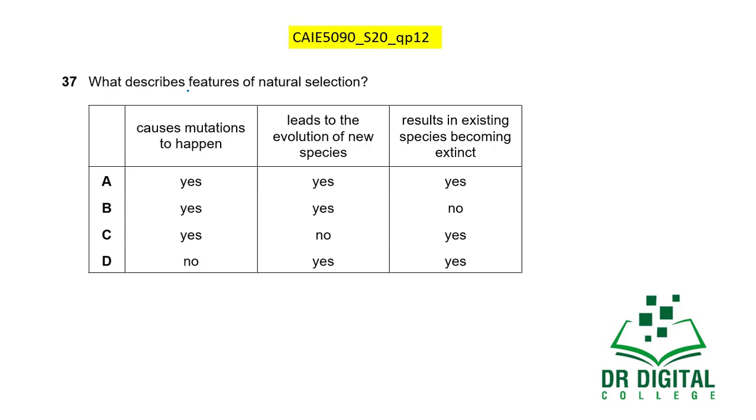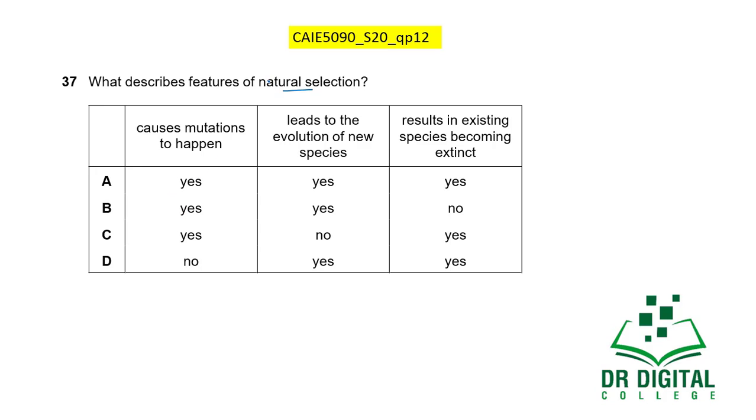In this question, what describes the features of natural selection? Causes mutations to happen? When natural selection is there, mutations can cause natural selection, but natural selection cannot cause mutations. Okay?